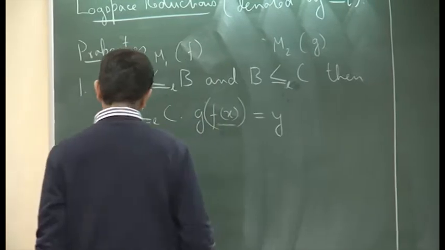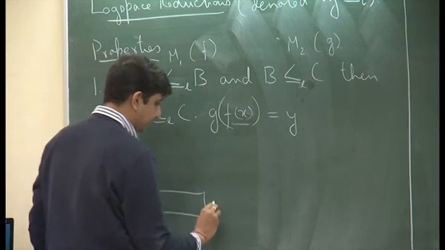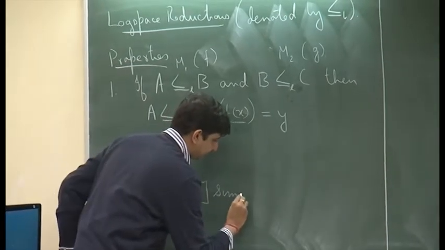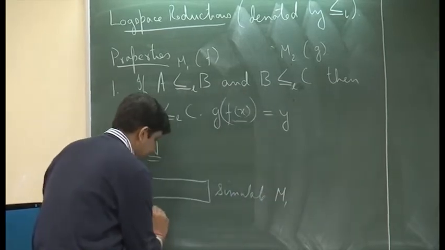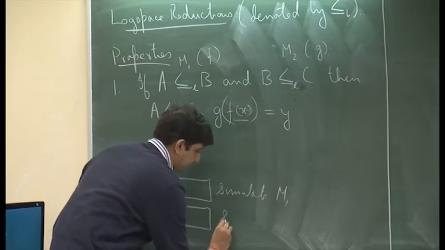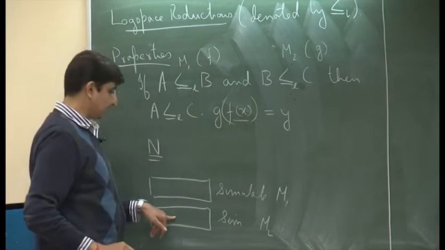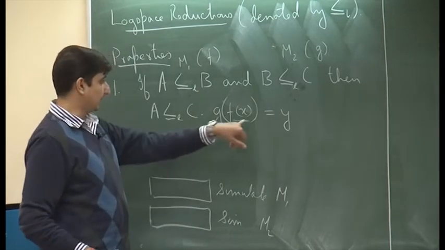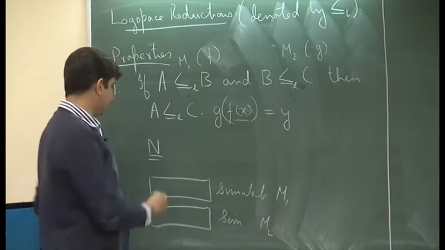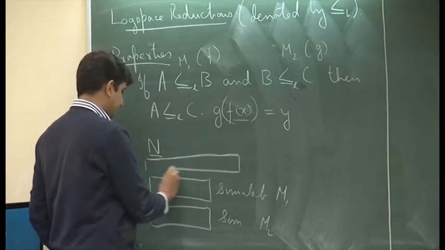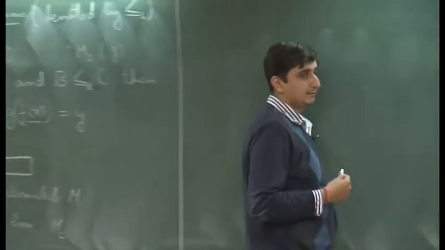So, there are two tapes which we will imagine. We will use the first tape to simulate the computation of M1, and we will use the second tape to simulate the computation of M2. Whenever M2 requires a particular bit of f of x, we will go back to the first tape, simulate M1 on the input x, get that bit and proceed with the computation of M2.